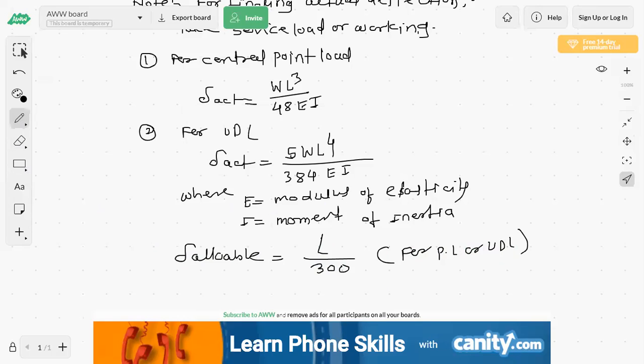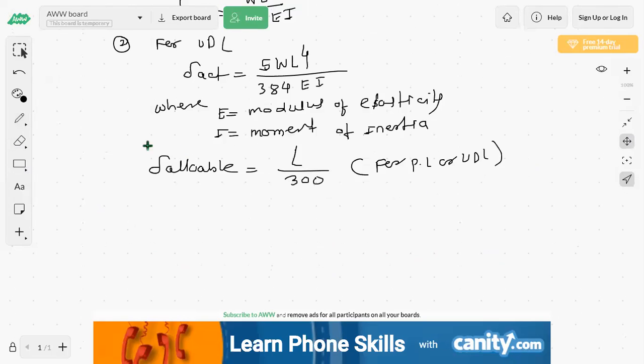And the check is that delta actual is less than delta allowable. L is the length of beam. So delta actual should be less than delta allowable, hence okay.